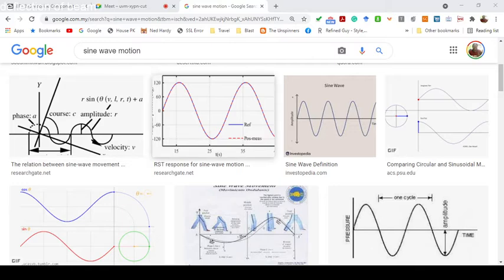It goes up and down, up and down. This is a sine wave motion, meaning that it will constantly go up and down until it diminishes.